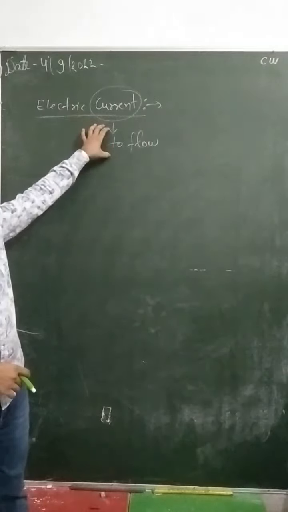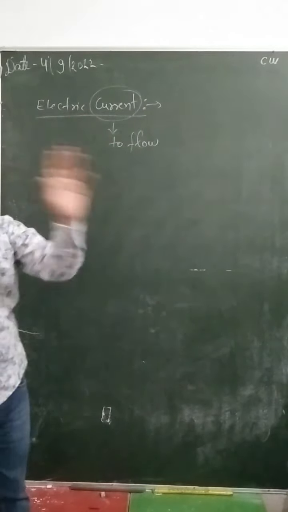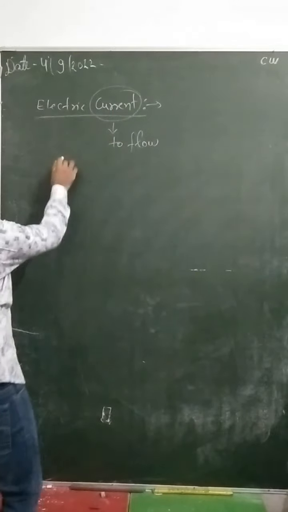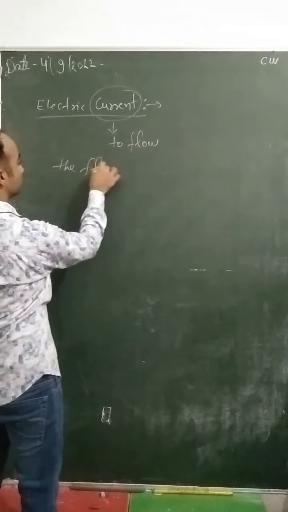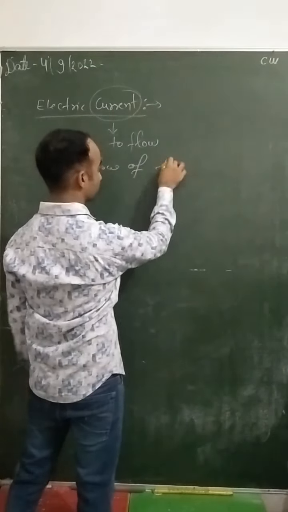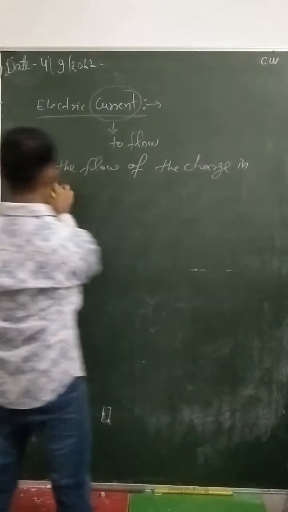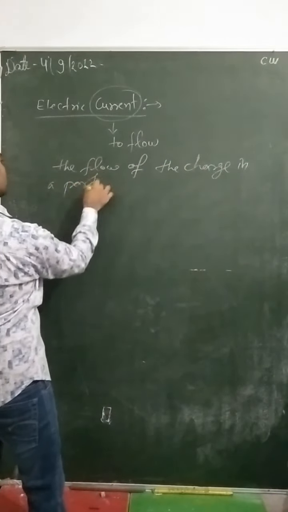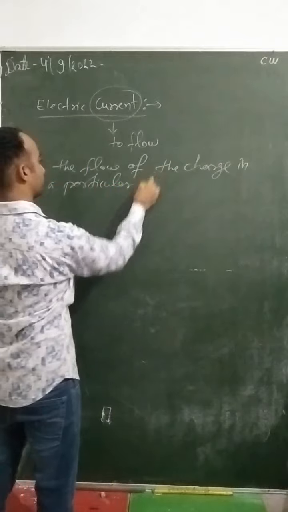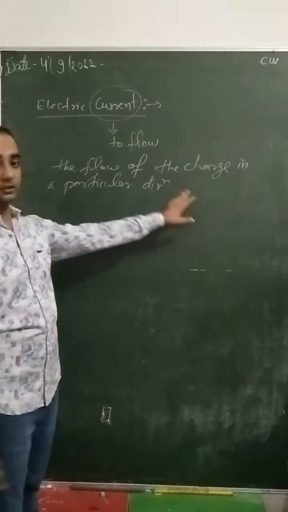So electric current means the flow of the charge in a particular direction. That is called electric current.